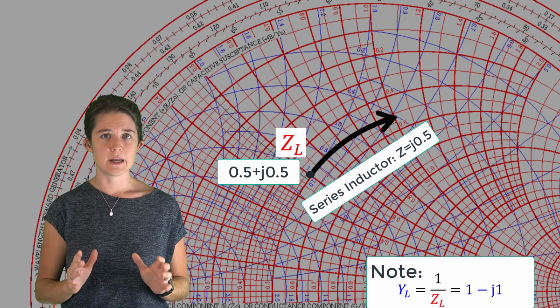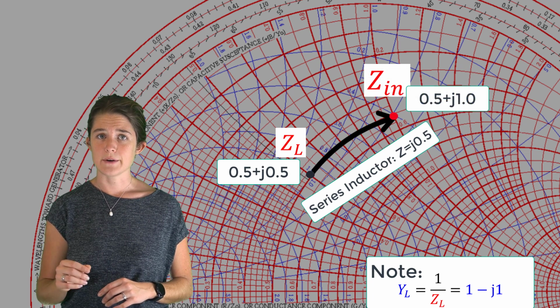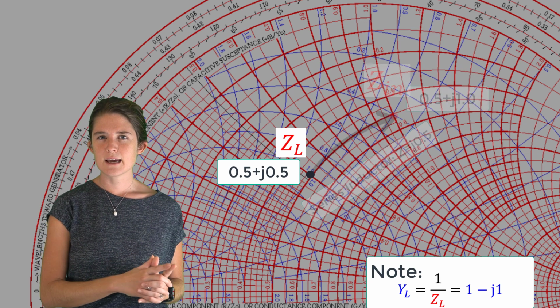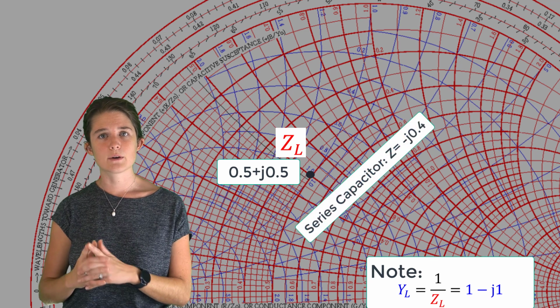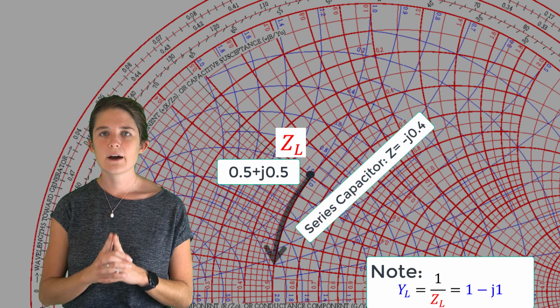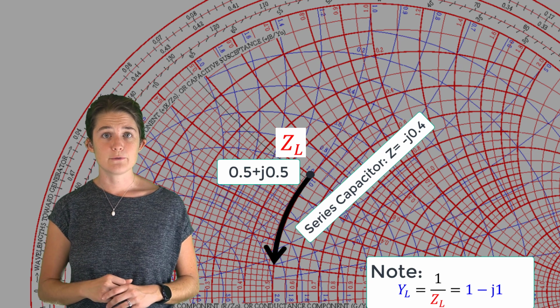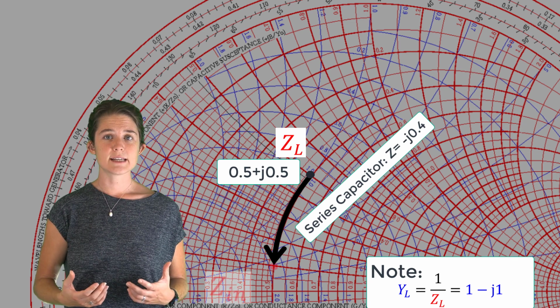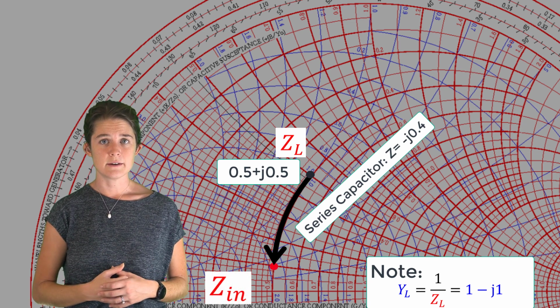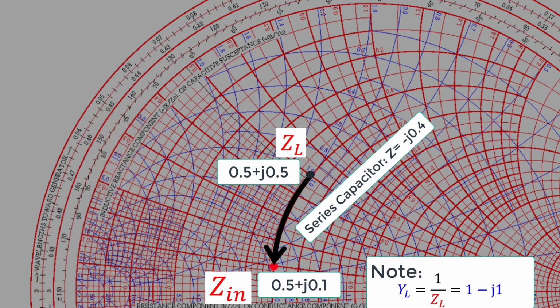The normalized input impedance after this addition becomes 0.5 plus j1. If we instead add a series capacitor with a normalized impedance of negative j0.4, we will move counterclockwise around the constant resistance circle by negative j0.4. The normalized input impedance to this circuit, then, becomes 0.5 plus j0.1.